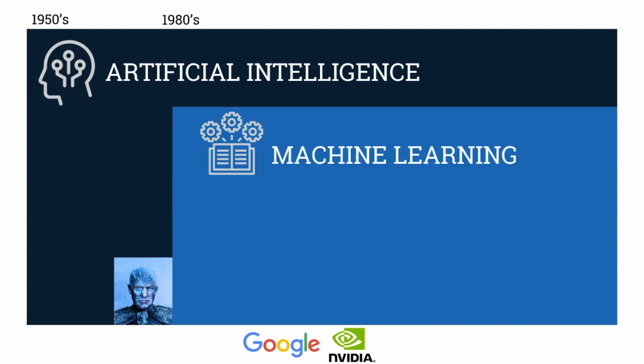And then after the 80s, backpropagation came in, and statistical learning methods started becoming more popular. Around the 2000s, companies like Google and Nvidia started to heavily invest in machine learning techniques. GPUs started becoming more popular.